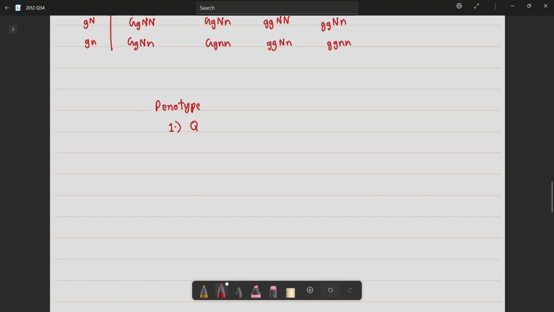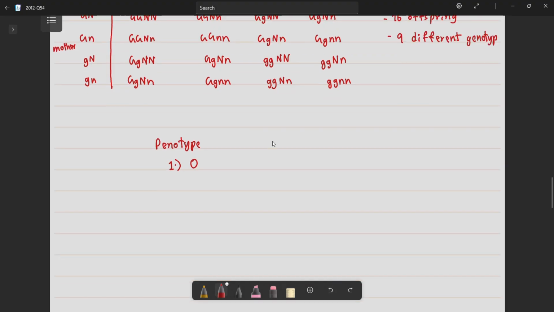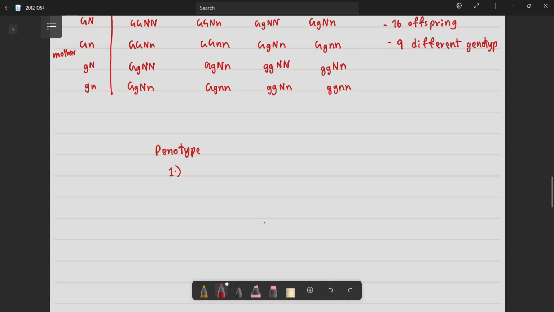So I have the dominant G like that, and then I have the N. If you count, there are nine of these you might find.